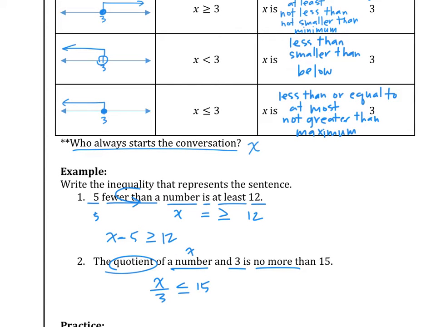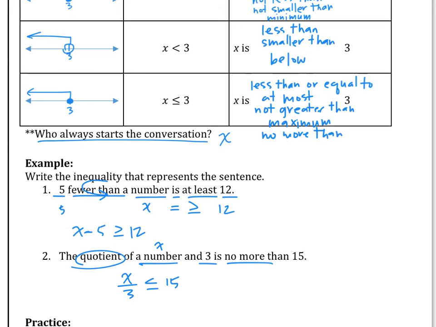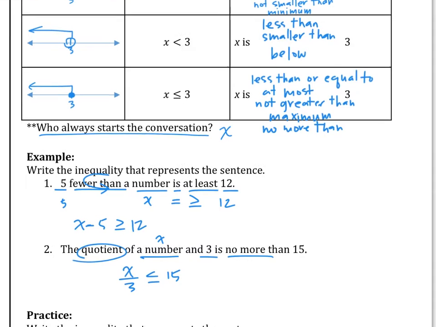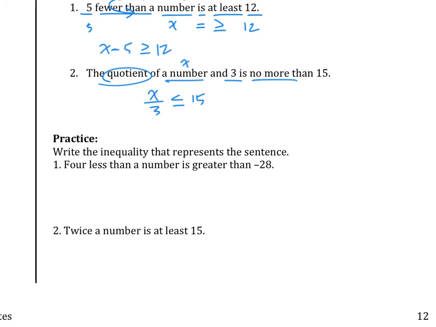I'm sorry, I circled the wrong one. No more than, I forgot to write this. You can go back to that chart and use it to do a matching game. All right, so go ahead and pause the video and try these two practice problems.